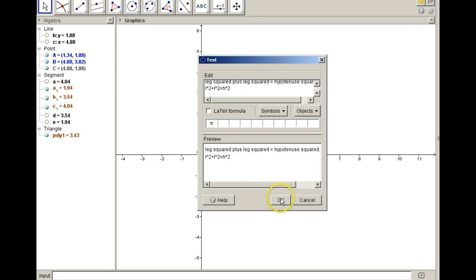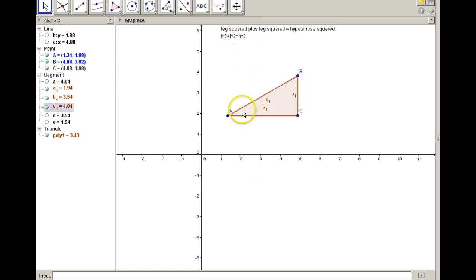So now let's just put that information there. We know that if we can get this length here and this length here, this leg and this leg, then we can figure out what the hypotenuse is. To find the hypotenuse, we take the square root of the hypotenuse squared, and it's going to be equal to the square root of L squared plus L squared.